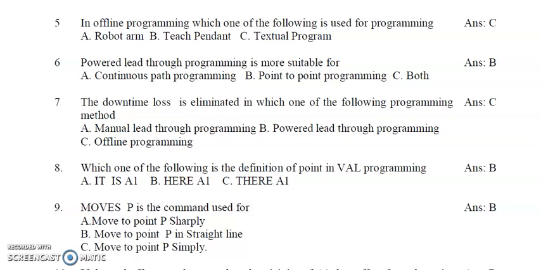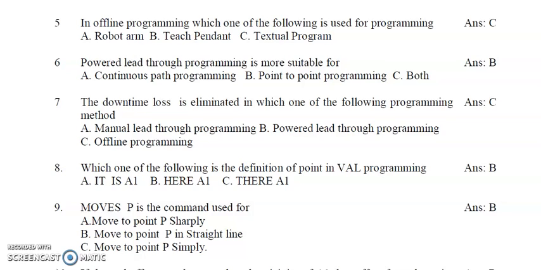Question 8. Which one of the following is the definition of point in valve programming? Moves P is the command used for A. Move to point P sharply. B. Move to point P in a straight line.